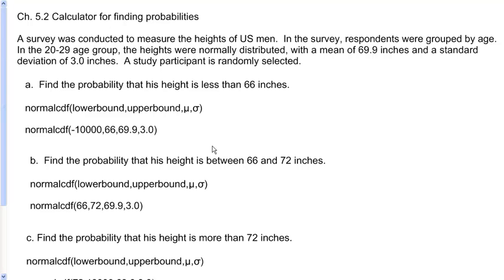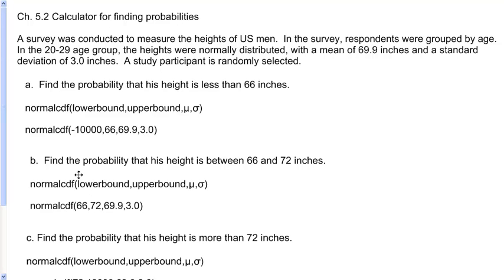So I always make my lower bound either 0 if 0 makes sense, or negative 10,000 for negative infinity. You could have put 0 here because nobody has a height of 0, or negative 10,000 for negative infinity. 66 is the upper bound, 69.9 is your mean, and 3 is your standard deviation.